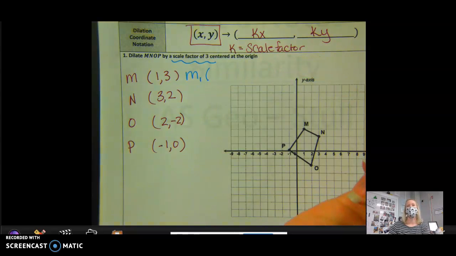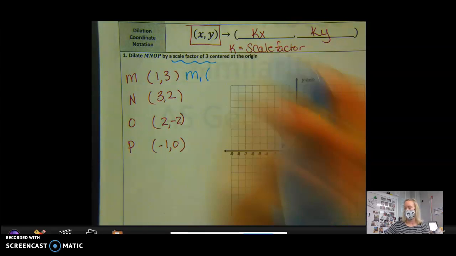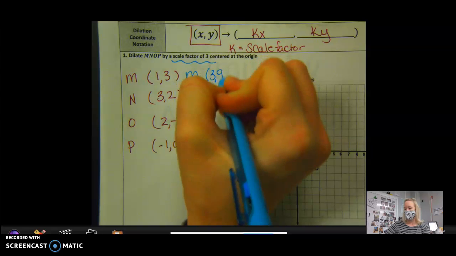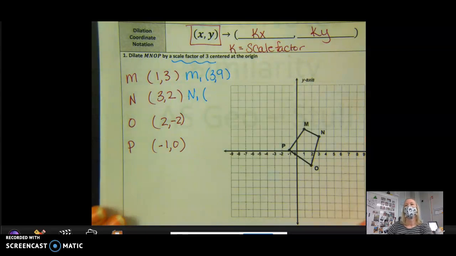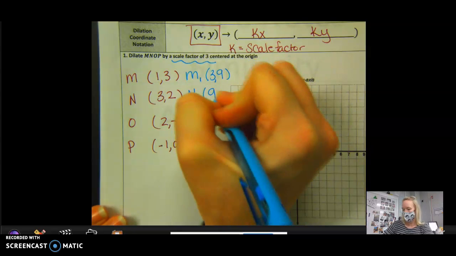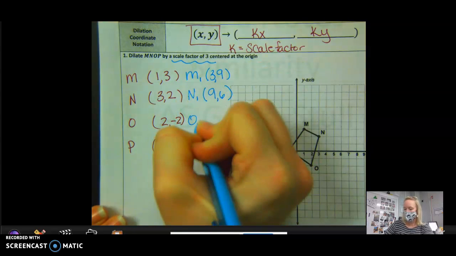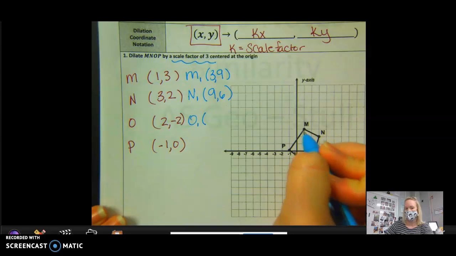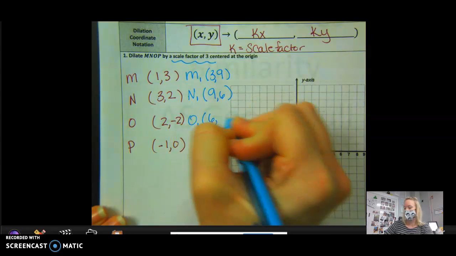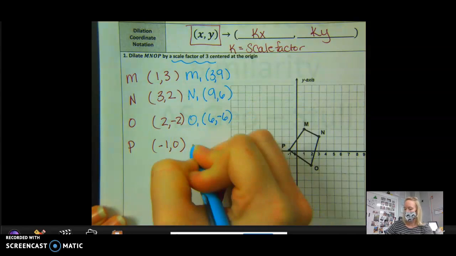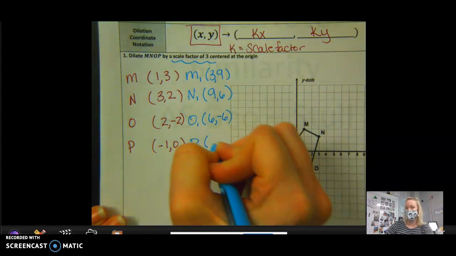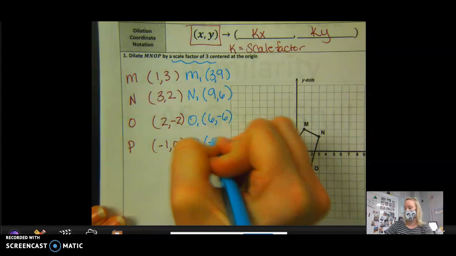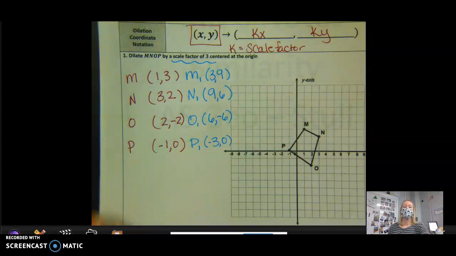What's your scale factor? 3. Multiply it by your points, and what do I get? 3, 9. N prime is at what? O prime is at 6, negative 6. And P prime is at negative 3, 0. Okay, right.